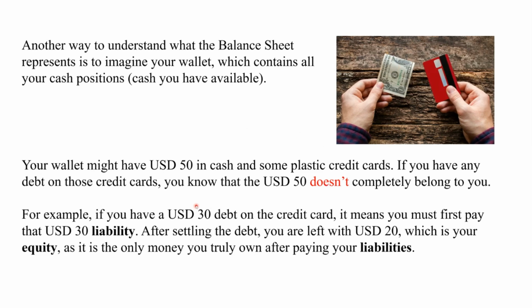So if in your wallet you have $50, and you have some credit cards with debt, the $50 will not belong to you 100%. For example, with $30 of debt, you now have to pay it out because it's a $30 liability. So you're now left with 20. What's your equity? Your equity is 20. This is just another example for you to visualize in practical terms.